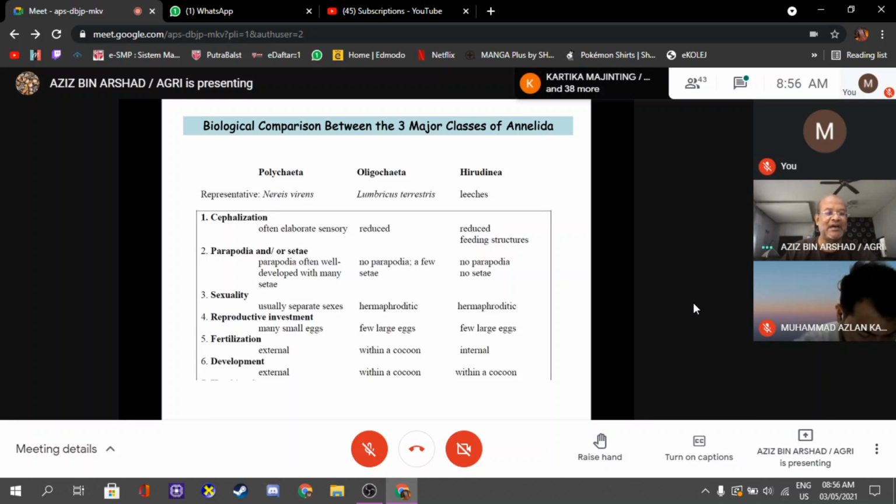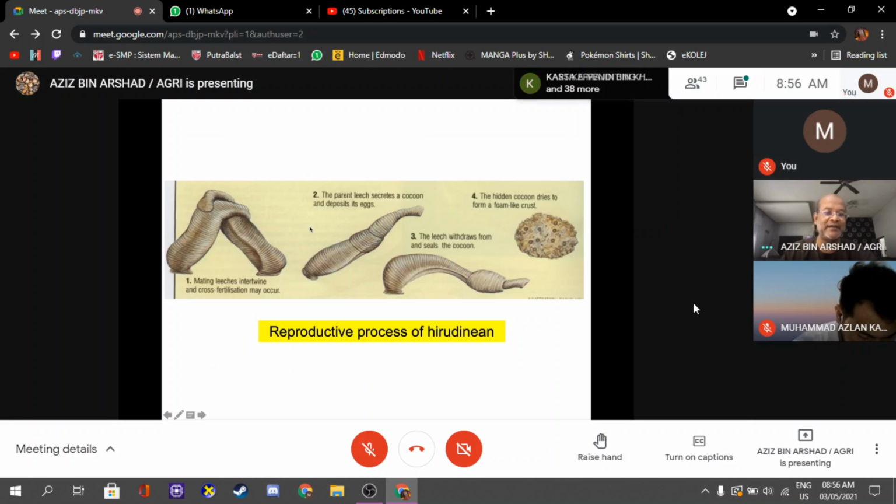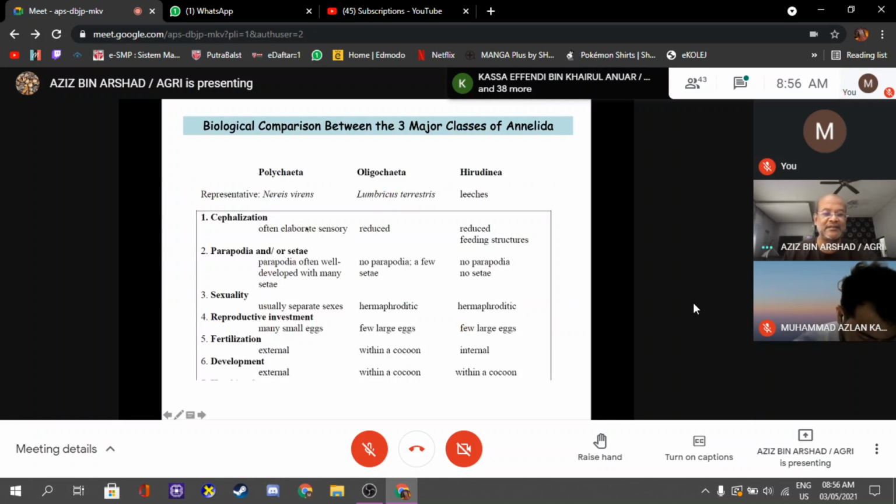In Polychaeta, they have all the necessary sensory organs that are well developed. In Oligochaeta, this sensory organ is reduced, and Hirudinea is also reduced in terms of feeding structure, just a simple anterior.